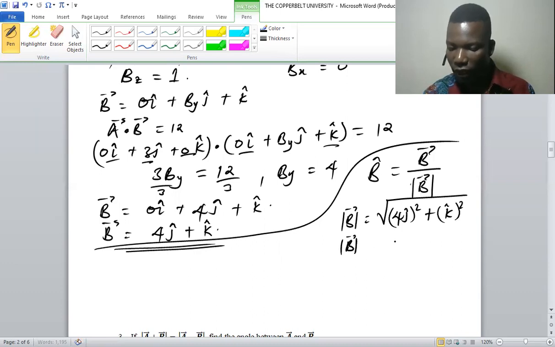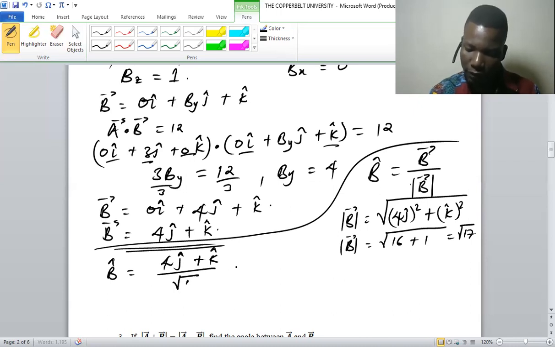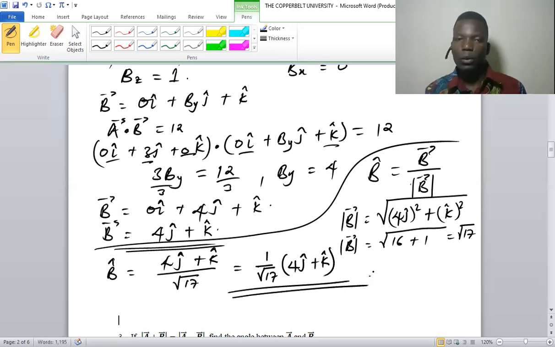The magnitude is going to be the square root of 16 plus 1, which is 17. So the unit vector will be 4j plus k over root 17, which can be written as 1 over root 17 times 4j plus k. That will be our unit vector.